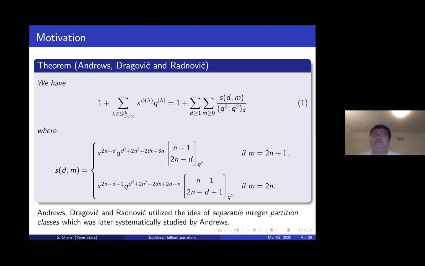But from the perspective of integer partitions, what we care about is not this weight, but instead the length of a partition. So a natural question is, if we replace this weight by the length of the partition, can we have similar generating function identities?